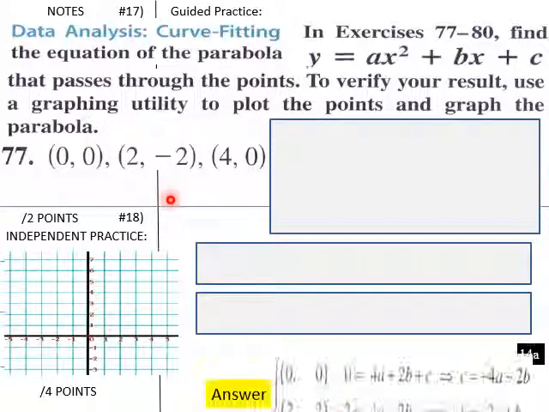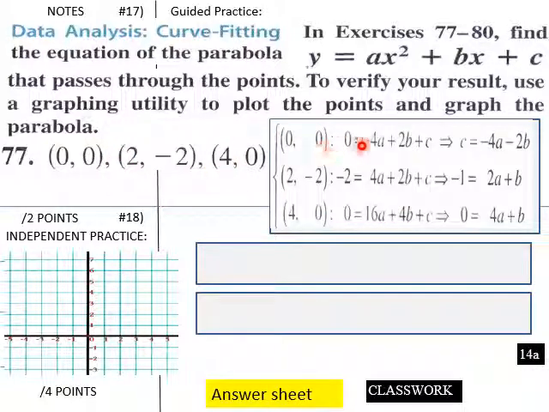Our first step, we have 0, 0, so c will equal 0. Then for 2, negative 2, we have negative 2 equals 4a plus 2b plus c, so negative 1 equals 2a plus b.